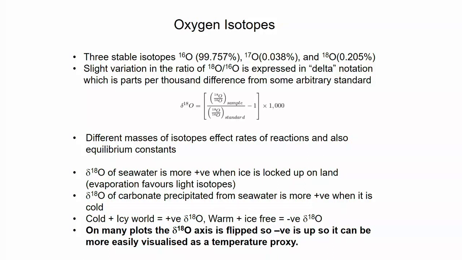And those processes are dependent on temperature, so we can use it as a temperature proxy. But the thing to remember for this course is that we will be using oxygen isotopes as a proxy for lots of different things in the climate, and that it is affected by two main things.